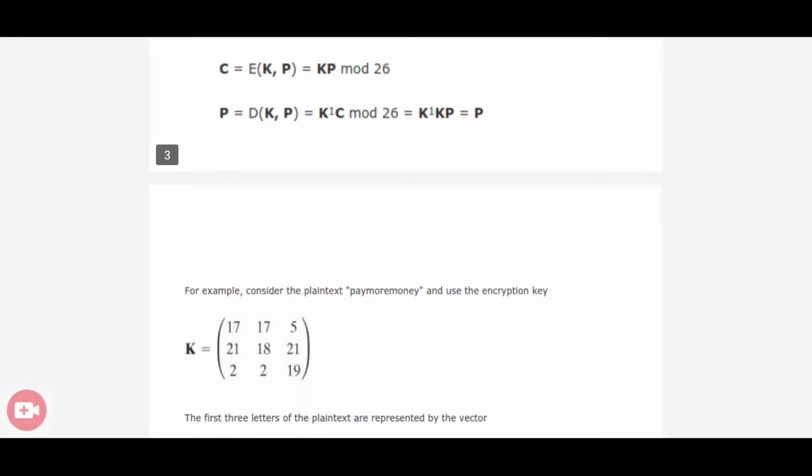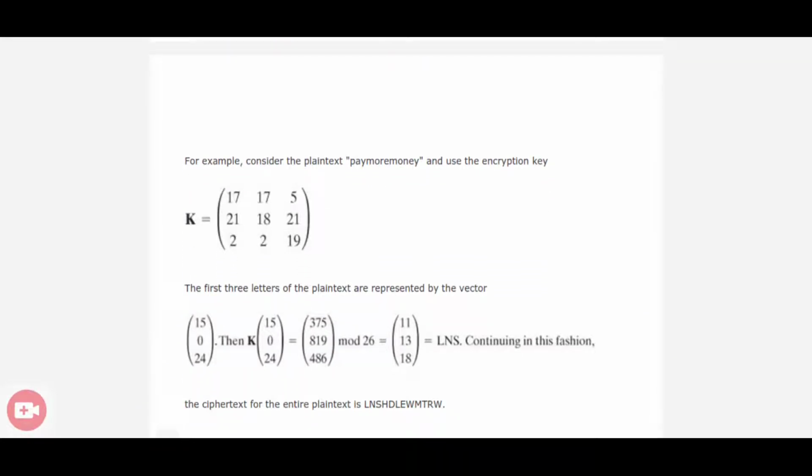And consider an example here. We have a plain text, pay more money, and we choose an encryption key K equal to a 3 by 3 matrix: 17, 17, 5, 21, 18, 21, 2, 2, 9. It's a 3 by 3 matrix. So m equal to 3 here.